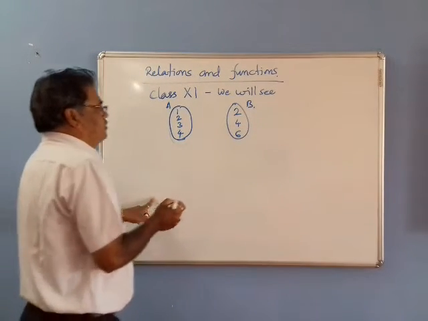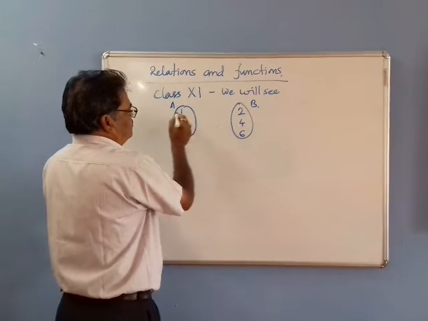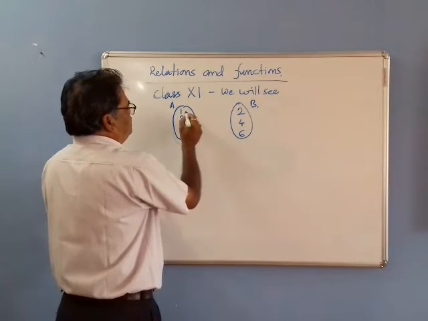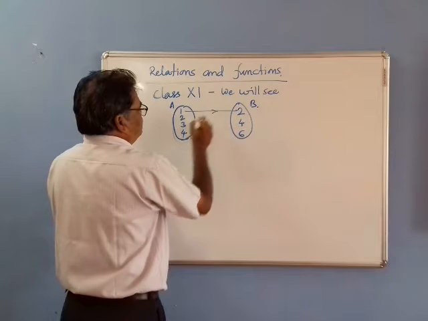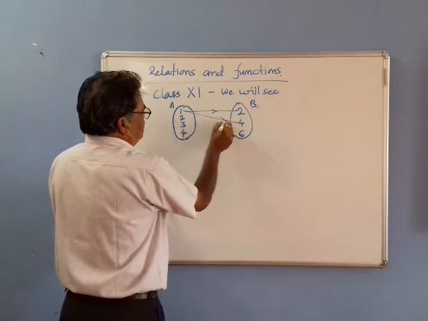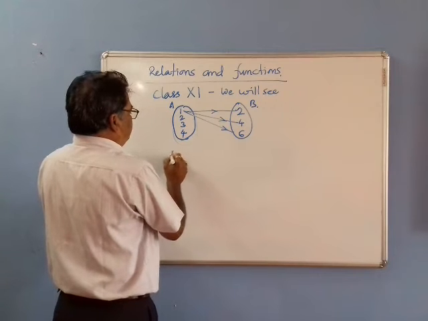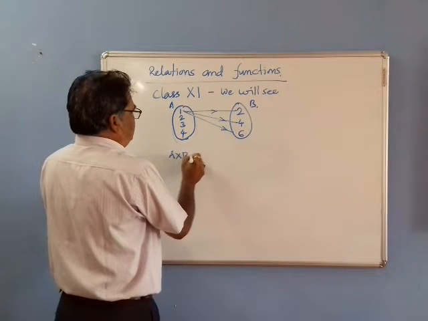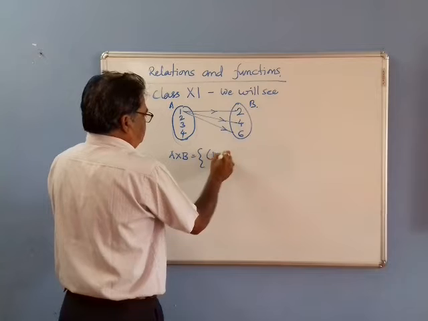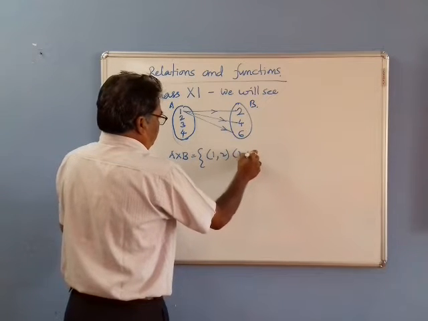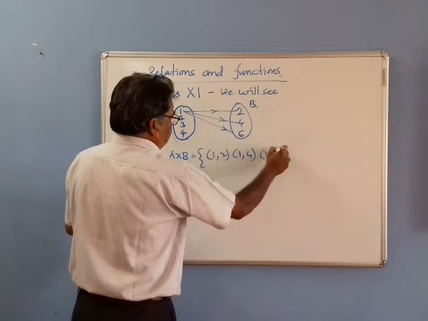Now we match every element with each other. 1 is related to 2, 4, 6. Therefore A cross B is (1, 2), (1, 4), (1, 6).